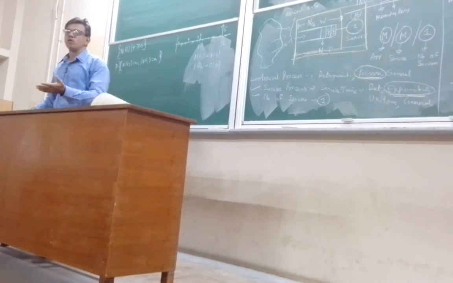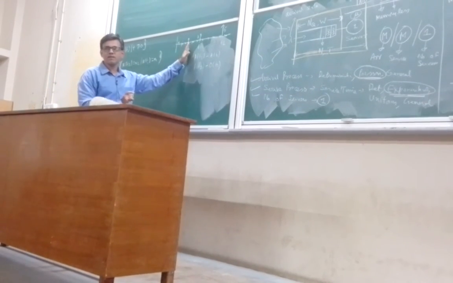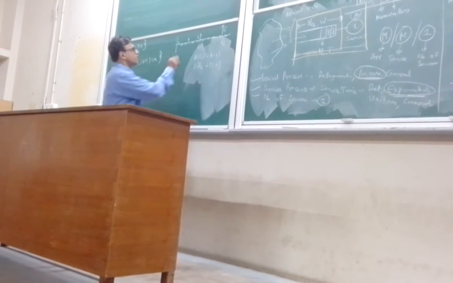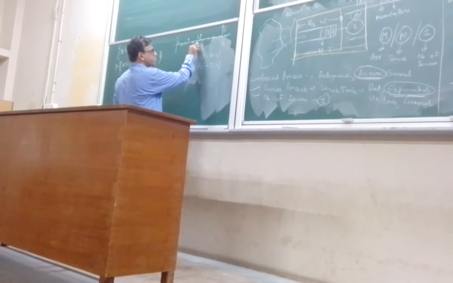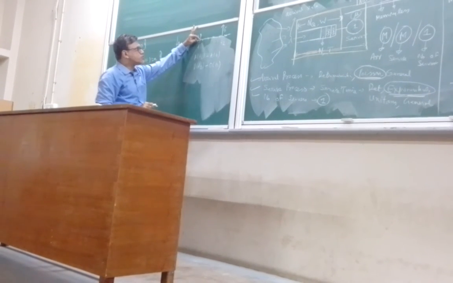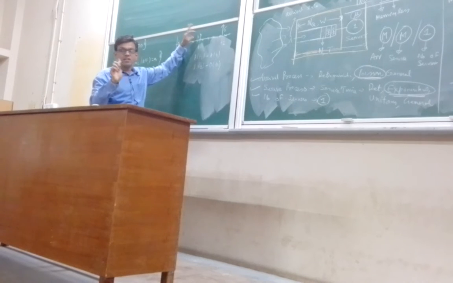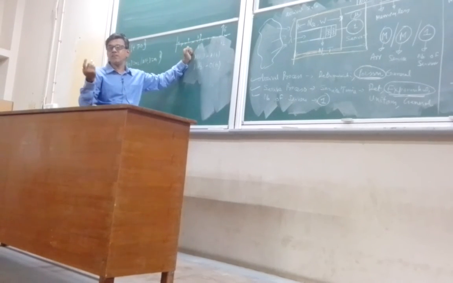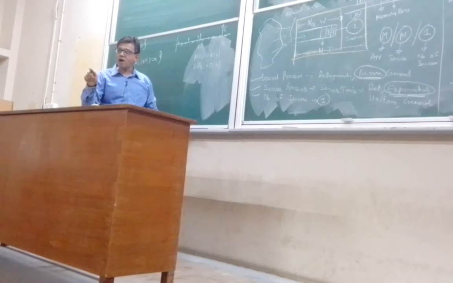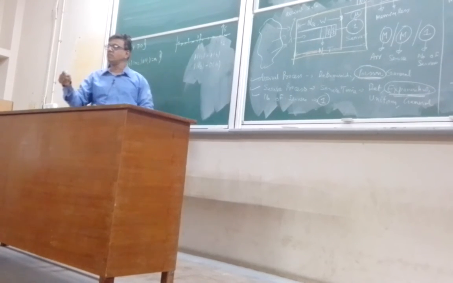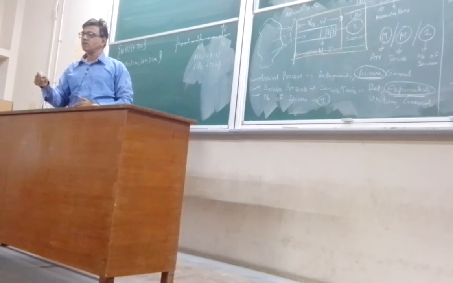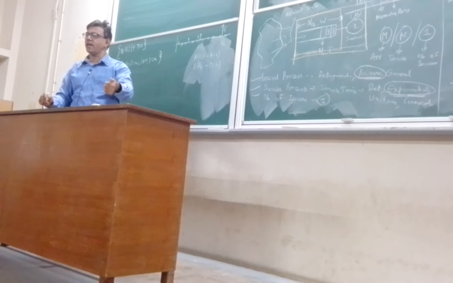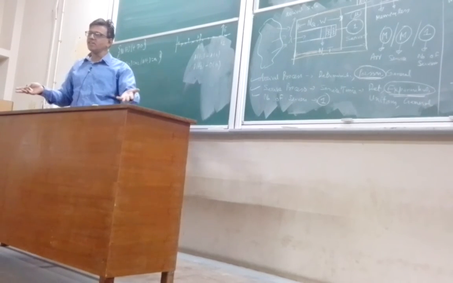There is something more. That alone is not important. You also want to know, well, a customer has arrived here, and when is the likelihood of this customer leaving? It is not only the arrivals that are important; the customer will be leaving, and that is also important. Will it depend upon the time already spent with the server? No, because the exponential service time tells us that it is independent.